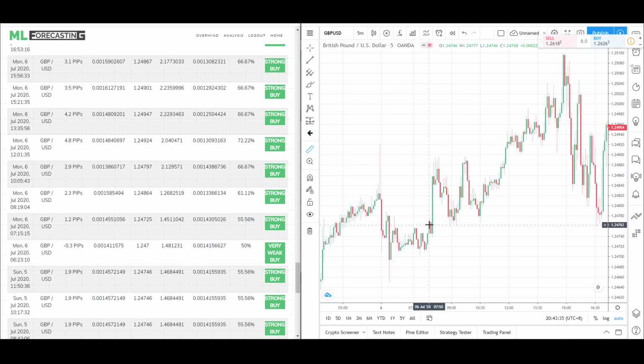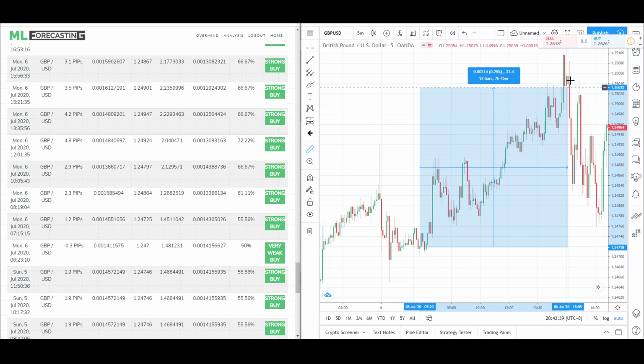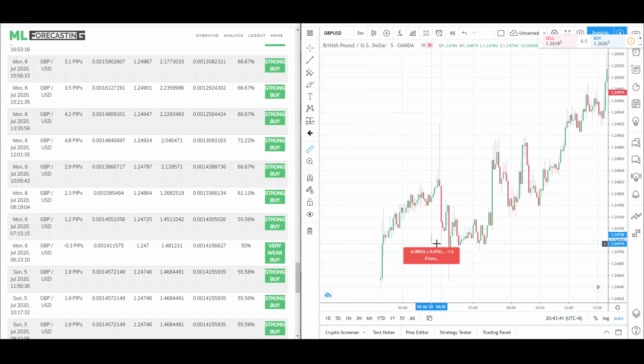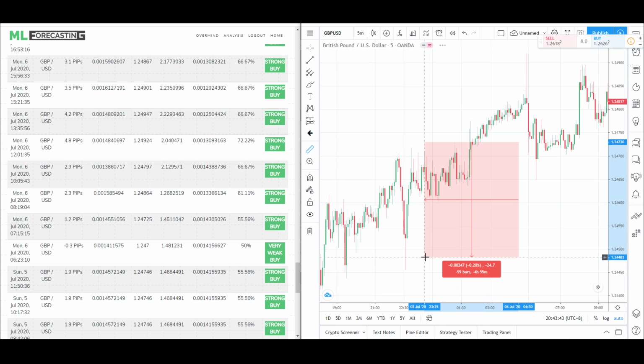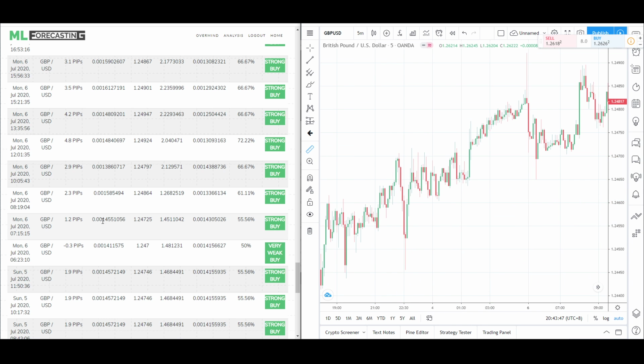715 should have been a better entry. Down here, yeah, I didn't even need to really look at that, the exact entry price, because we got no downwards move there. So that's a win. And the last one to check for this period, until I put some results in, 623 was that very weak.